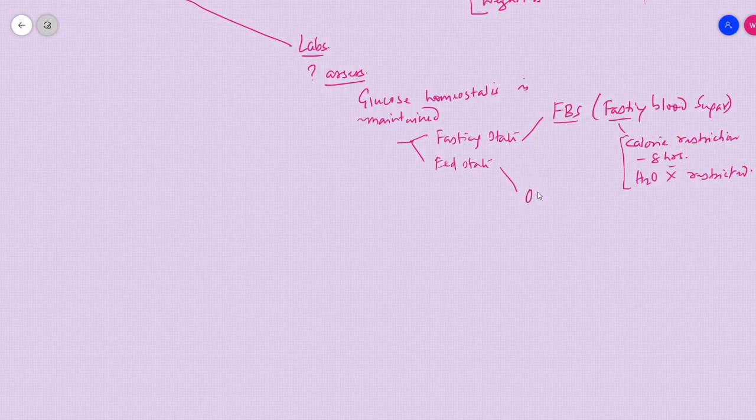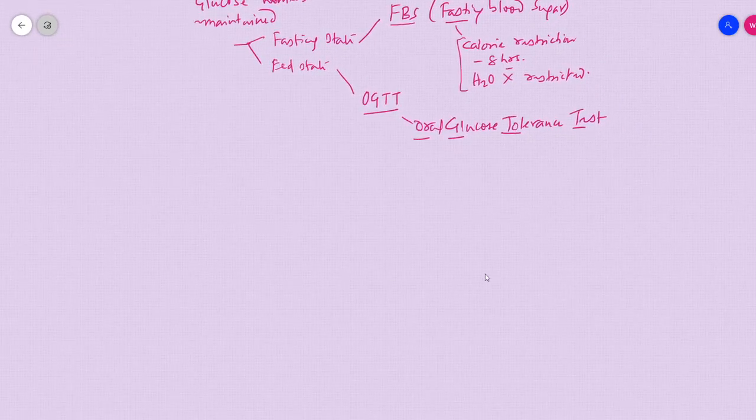That test is called the oral glucose tolerance test, OGTT. So the patient has come after calorie restriction and the blood has been withdrawn, and then the patient would be administered 75 grams of glucose.